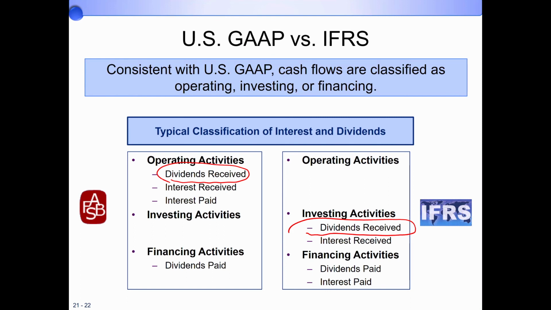That's revenue related, so we classify it in operating. But the international accounting standard says they actually relate to our investment, so they classify it in investing activities. You see the arguments? They have different arguments. But just keep in mind, we are US GAAP. We need to follow US GAAP, not the international accounting standard.